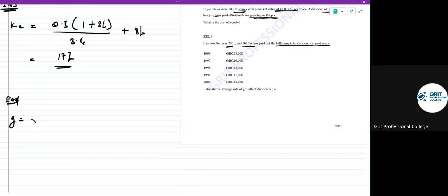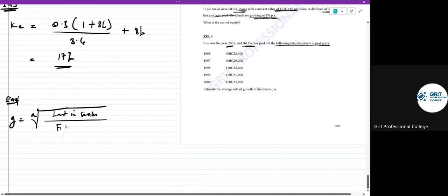And so G here will be the nth root, using the formula, of the last in the series, or the current dividend, over the first in the series, minus 1. Now, my main issue is how to get this n.